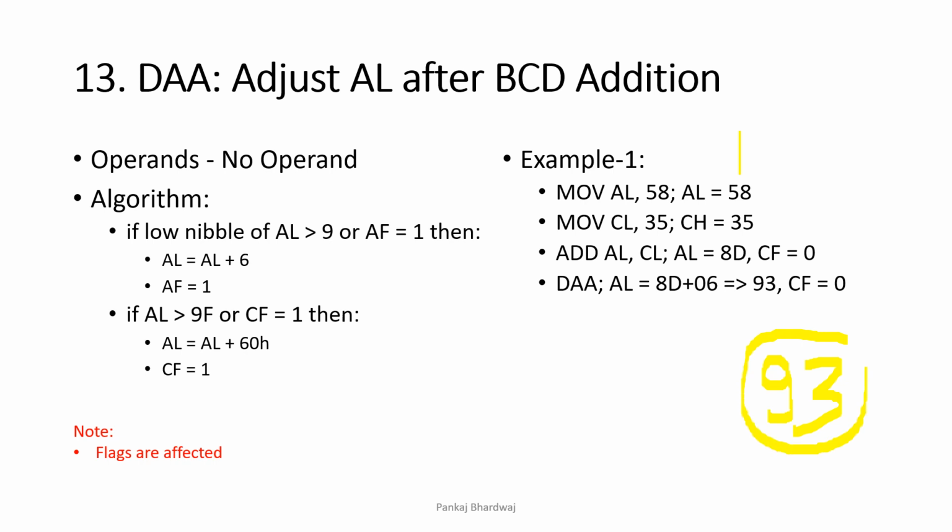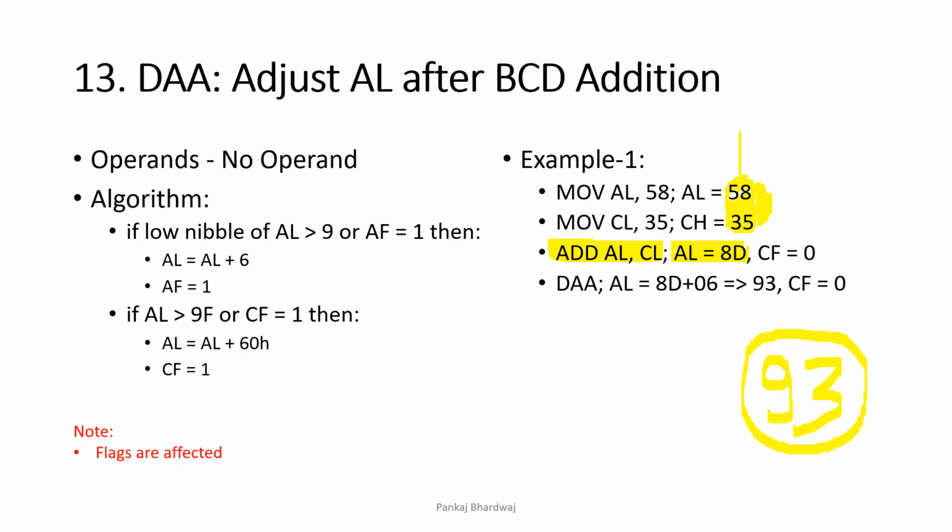But if we add these two data using ADD AL, CL, that means AL will be 8D. 8D because these two numbers are considered as hexadecimal numbers. So if we add these two numbers in hexadecimal fashion, we'll get 8D. But we want to have the result in BCD numbers. BCD does not have any number other than 0 to 9.